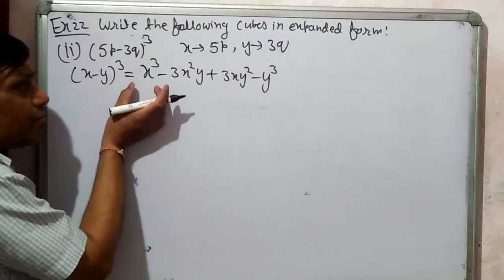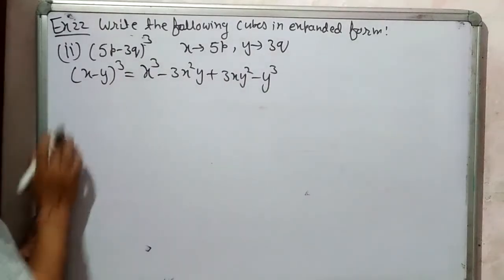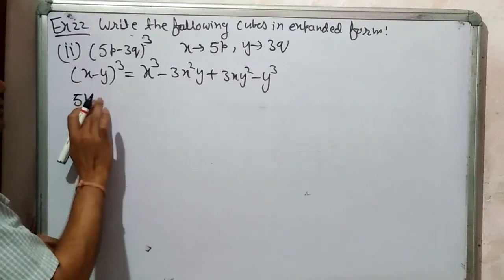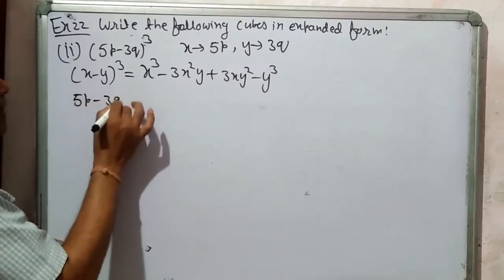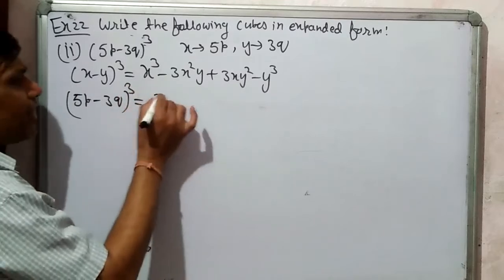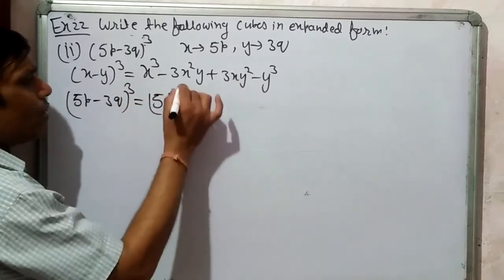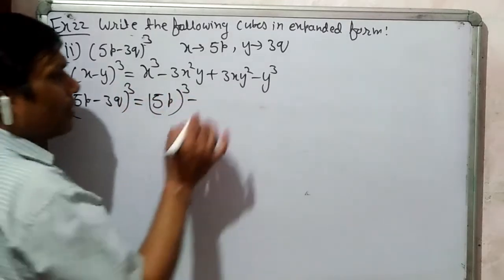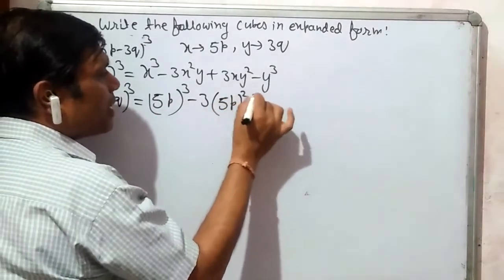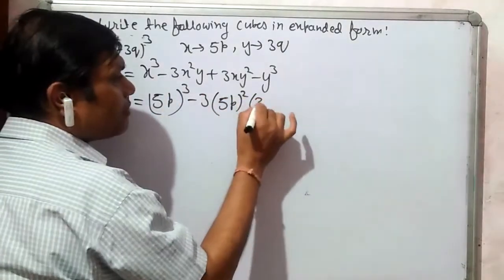We'll place these values on both sides. In place of x, 5p. In place of y, 3q cube, whole cube. In place of x, 5p, whole cube, minus 3x square, 5p square, y, 3q cube.